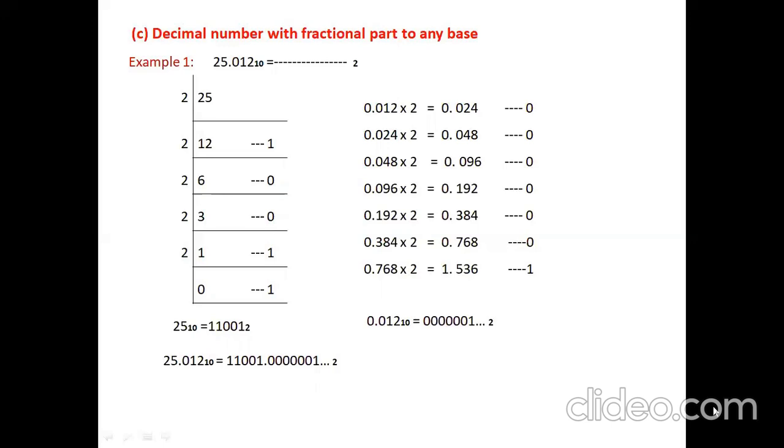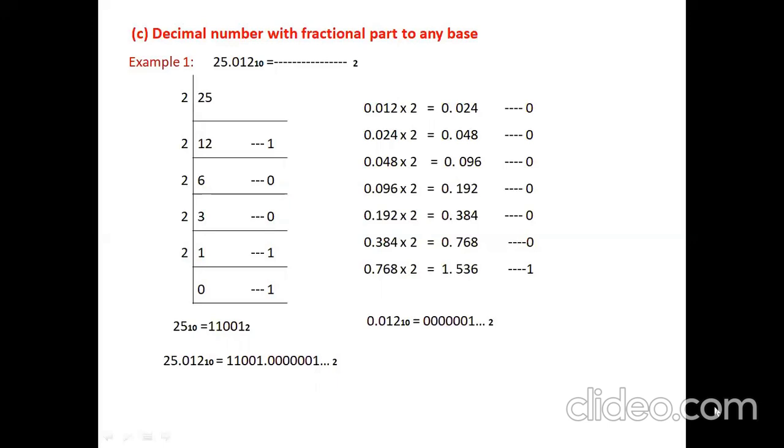So the answer is 0.000 and so on, after six zeros, 1. Now we club both answers: 25.012 base 10 is equal to 11001 point, all the zeros, then 1, in base 2.